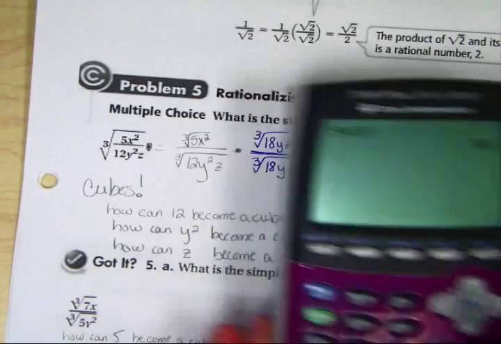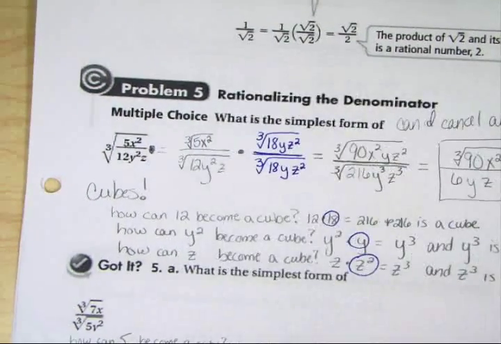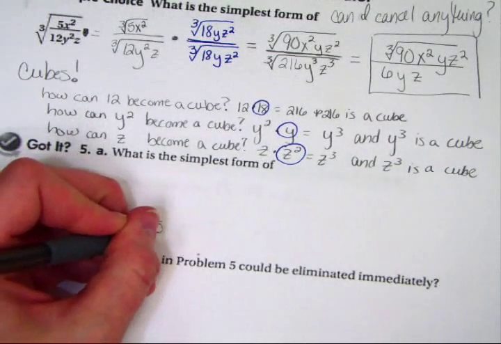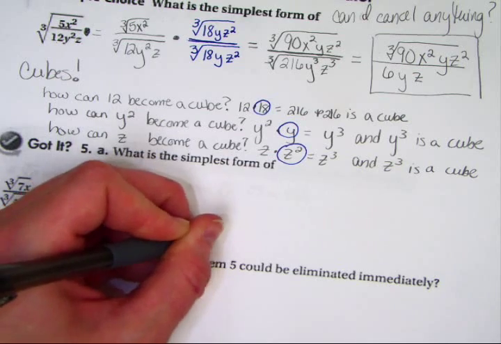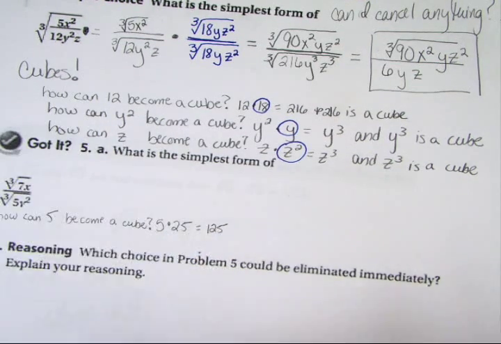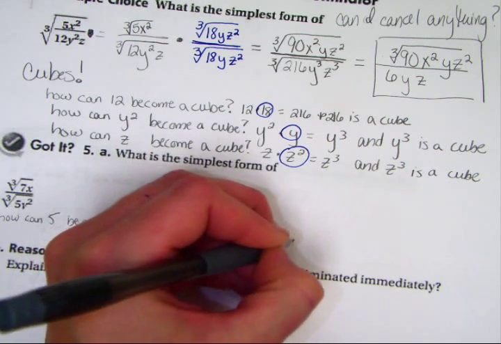5 times what, though, is 125? 25. Ready? So write this down. 5 times 25 is 125, and 125 is a cube.